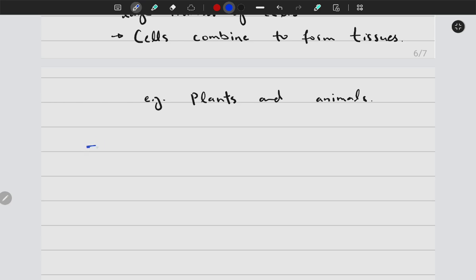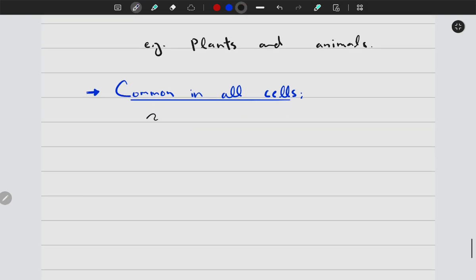Now, if we go to a cell, basically every organism is made up of one or more cells, right? So there are certain features which are common in all cells. Every cell must have a cell membrane, which is the primary barrier around the cell, and that controls the transport.